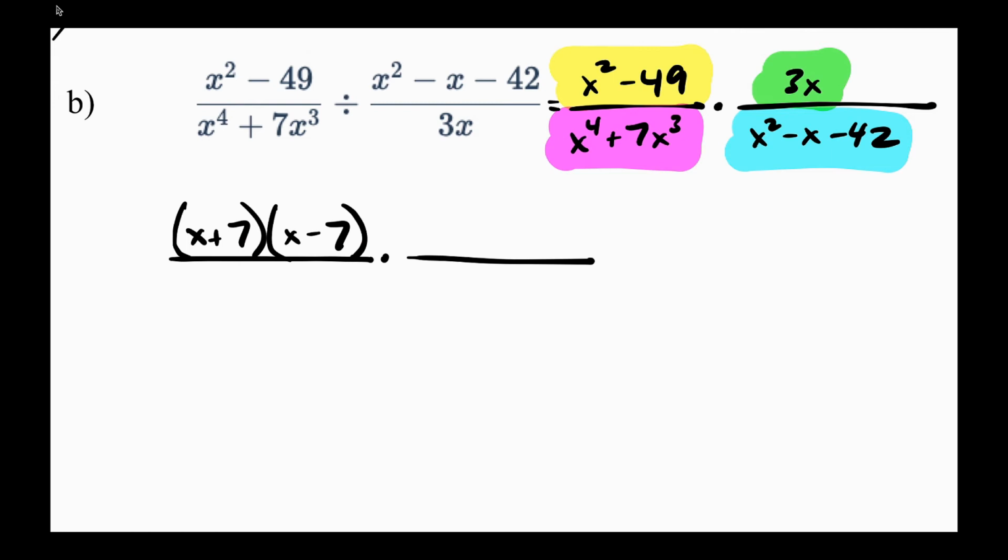Okay, so pink. Pink now. Again, still a binomial. GCF. Not numbers, but x's, right? How many x's can I take away from both? 3. They both have 3 to give.